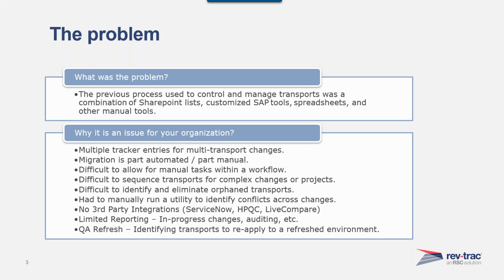We really wanted something to help us identify and eliminate those, because those got to be a problem during upgrades and so forth. The manual utilities, yes, we had several different ones that helped us identify sequencing issues, dependency issues, that kind of thing, stuff that the Rev-Trac product will do for you automatically.